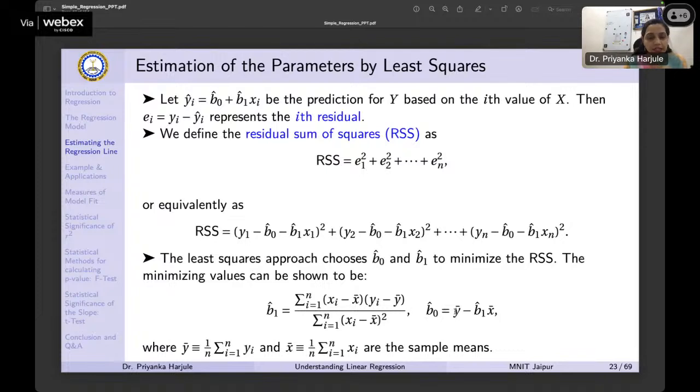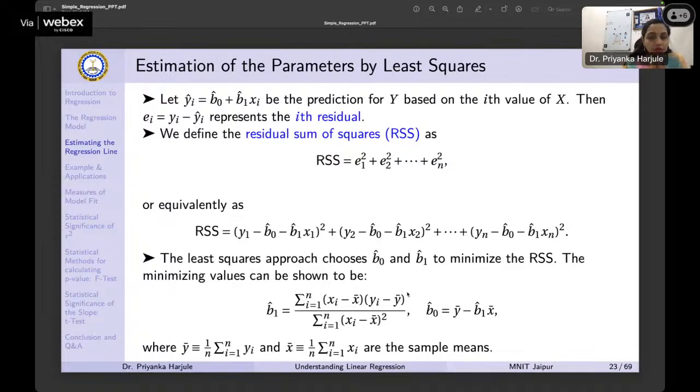As mathematics students, we all know how to find the critical points. So what do we do? Since this is a multivariable problem, you take the partial derivatives of the RSS with respect to b0 cap and b1 cap and set them to 0.